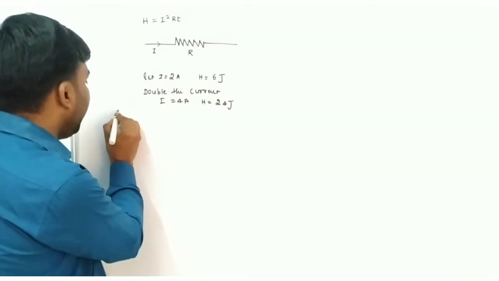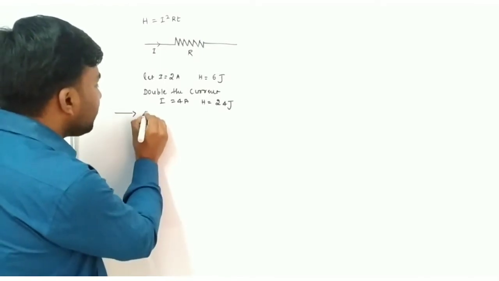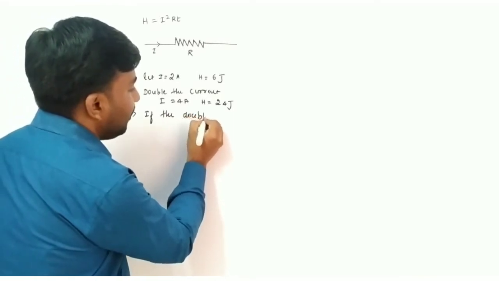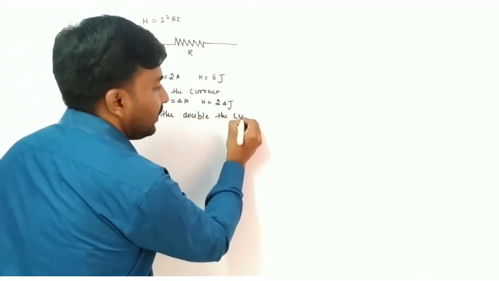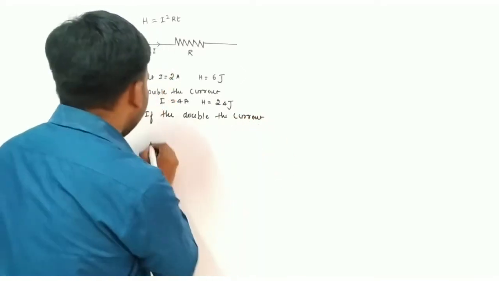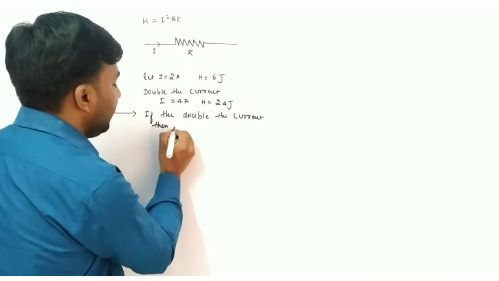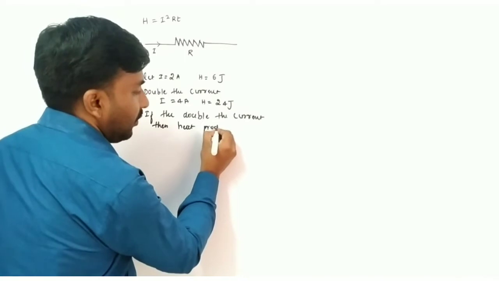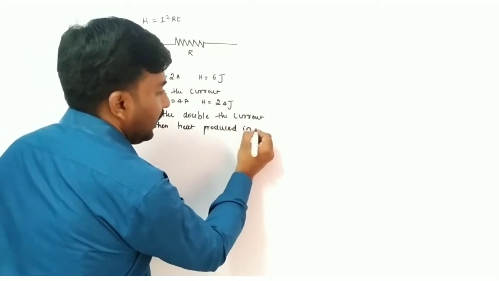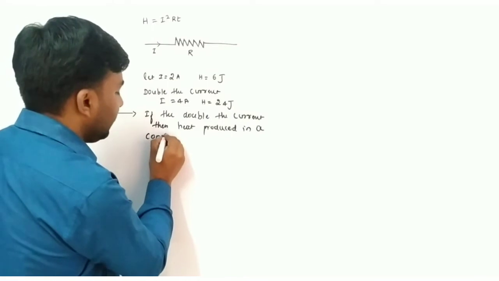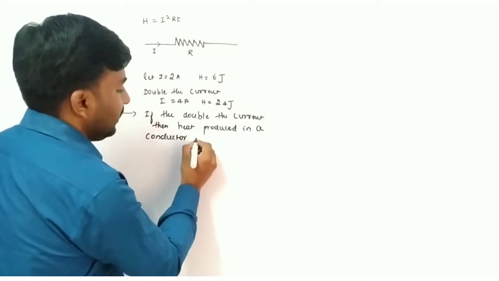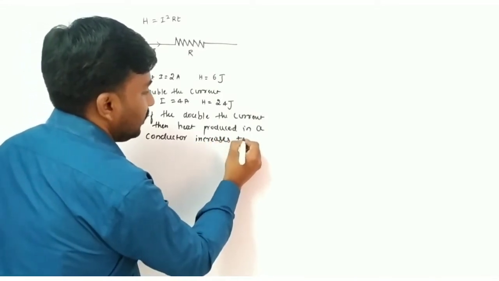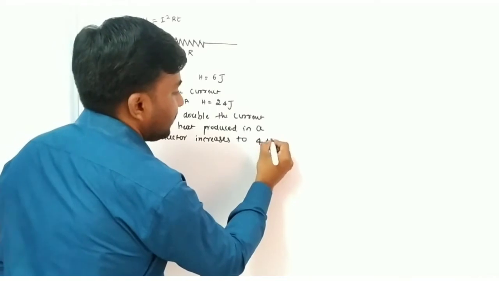This is the first point we have to remember: if we double the current, then the heat produced in a conductor increases to 4 times.